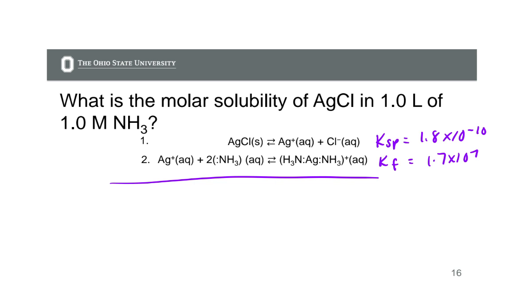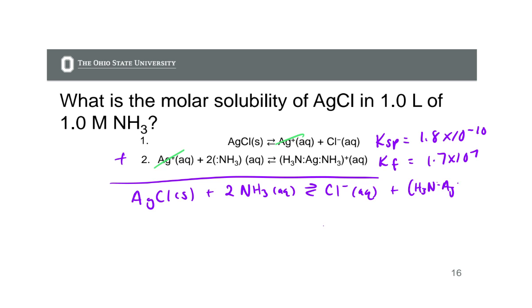If we add these two chemical equations, the silver ion cancels, and we get silver chloride solid plus 2 ammonia in equilibrium with Cl minus and the complex ion H3N-Ag-NH3 plus. I'm going to leave off the Lewis dots.